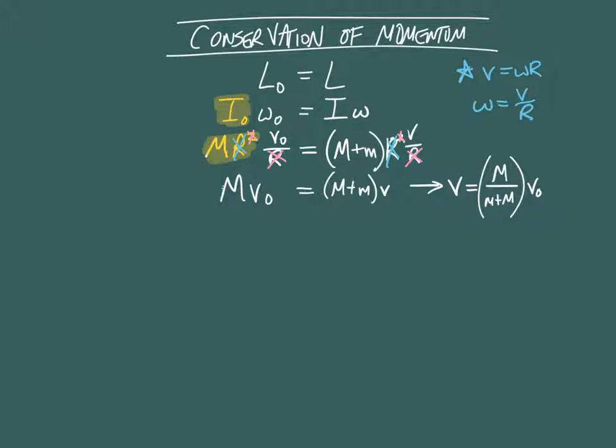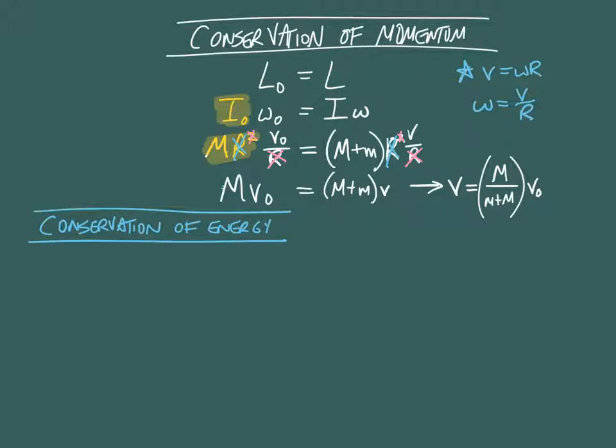Now we want to conserve energy. Give myself some space on the side here. You don't probably need to do that on your papers. So what do we have? Initially, we have the kinetic energy of the system, which is all wrapped up in the skater.